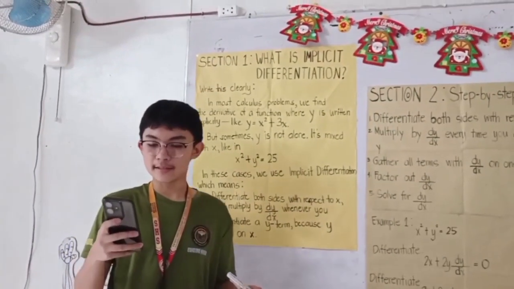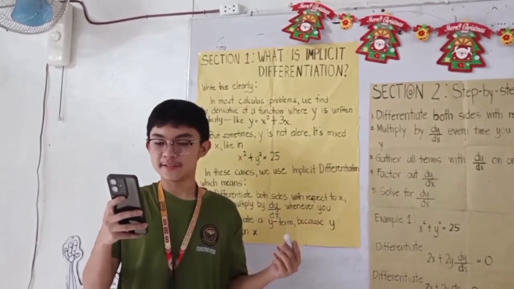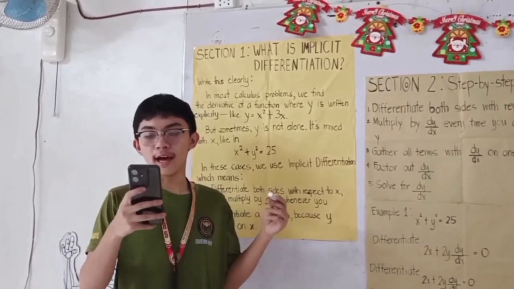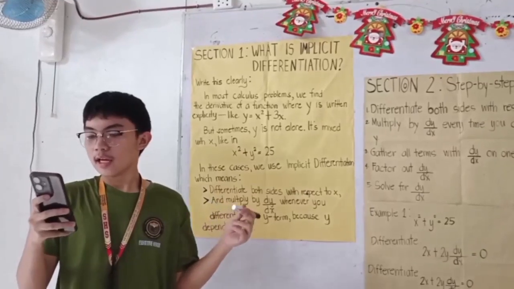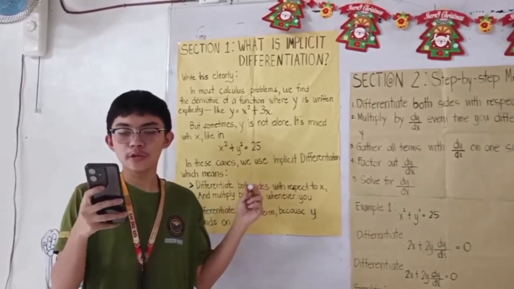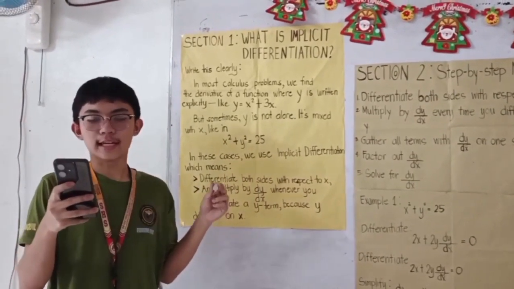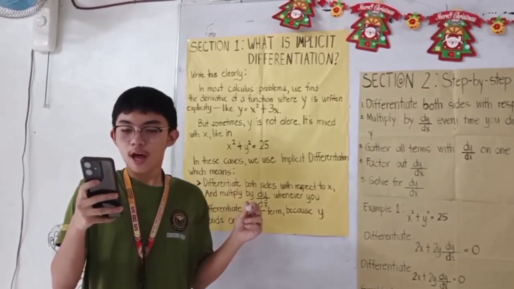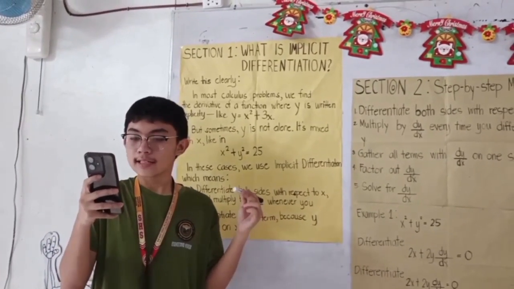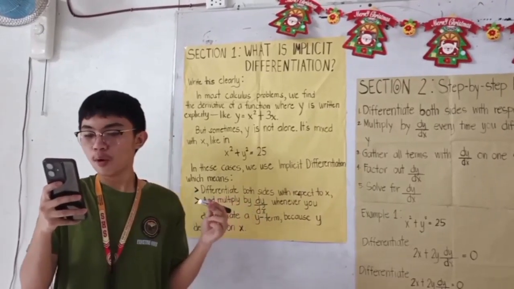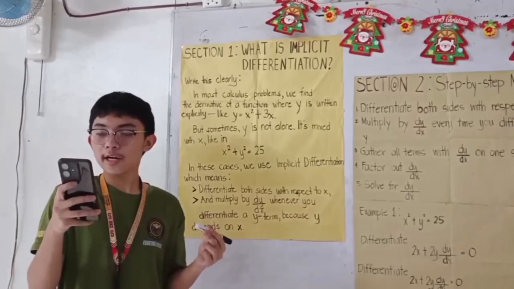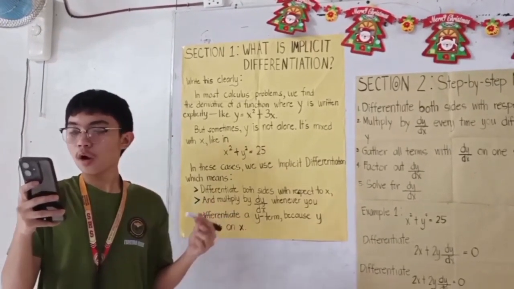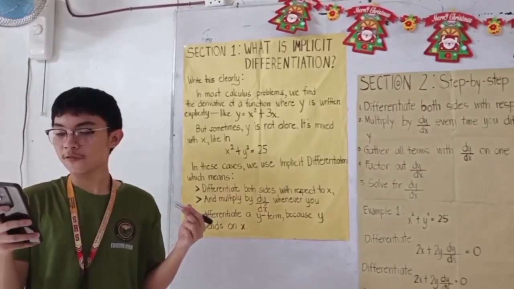In most cases, when we take derivatives, we're used to equations like y is equal to x squared plus 3x. Here, y is already alone and we call that explicit form. But sometimes y is tangled with x. They're both on the same side of the equation like x squared plus y squared is equal to 25.